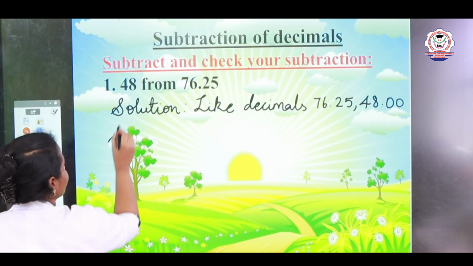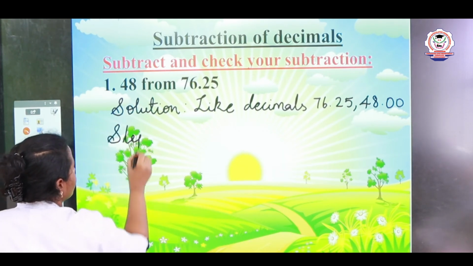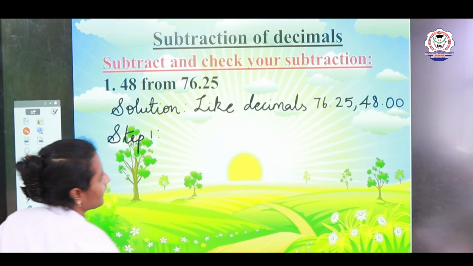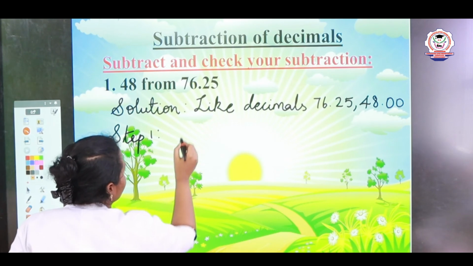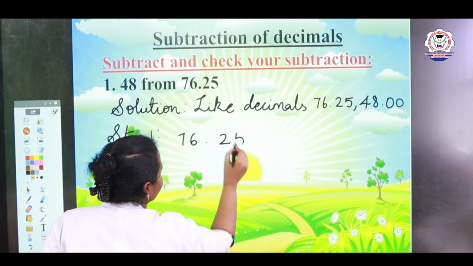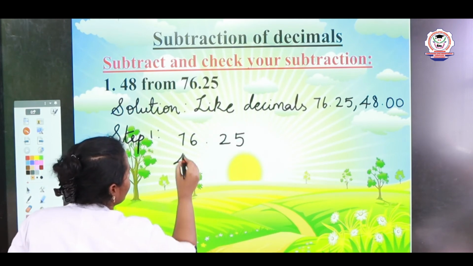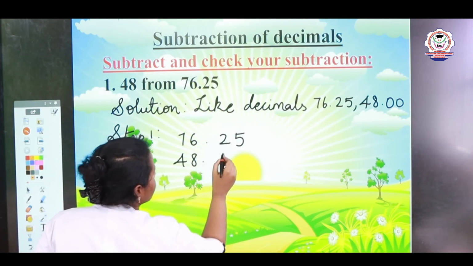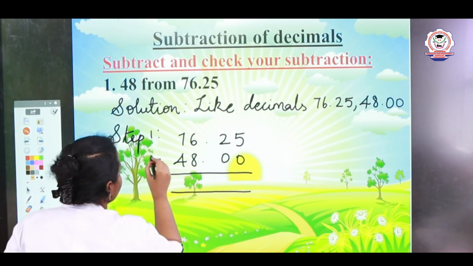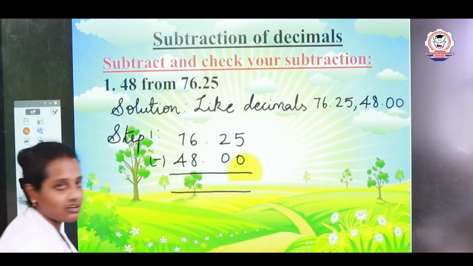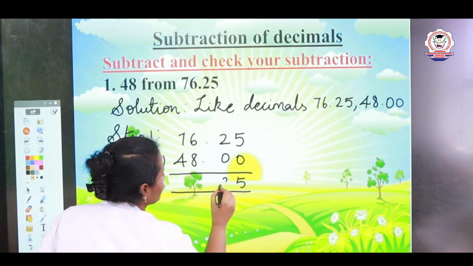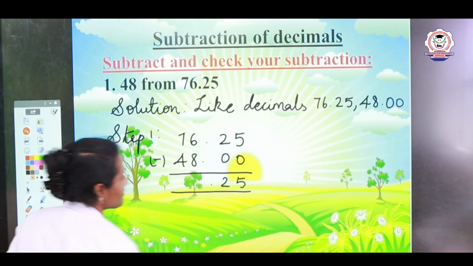Yes, my dear children, step 1, we want to subtract the given like decimals, which are 76.25 and 48.00. Now we are going to subtract this. 5 minus 0 is 5. Very good. 2 minus 0, 2. We want to keep the decimal point in the same place.